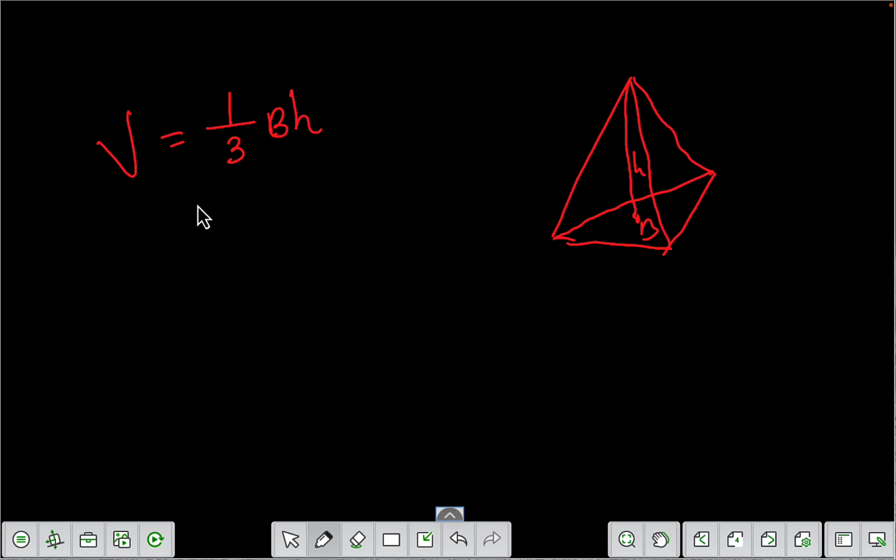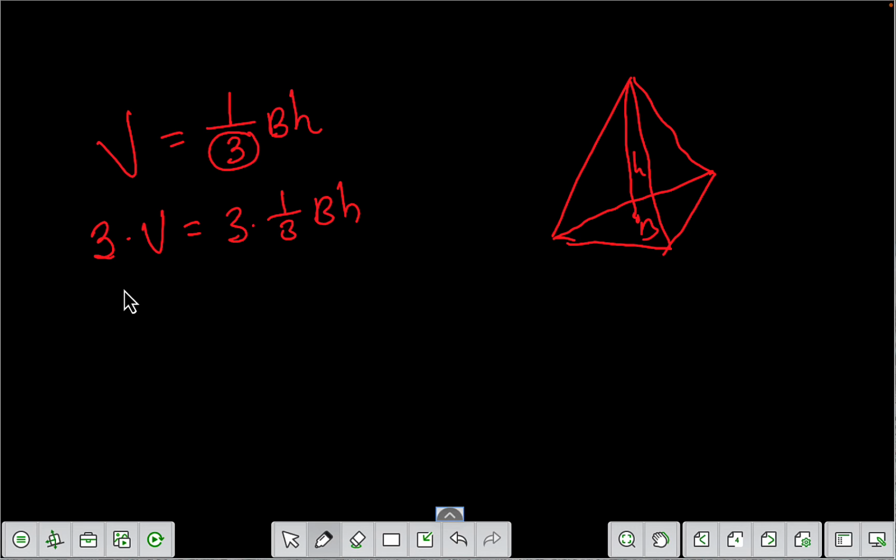Now we are asked to solve for the base area. This is the denominator 3, so we can multiply everything by 3. There is only one denominator, so we already did this in a different video. I'm going to link it in the description, and you're going to watch it after this video.